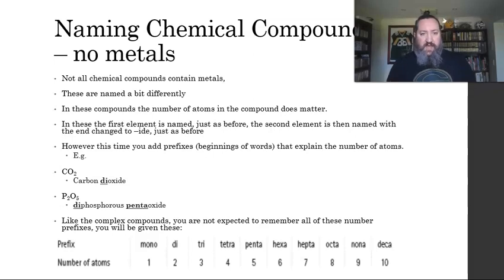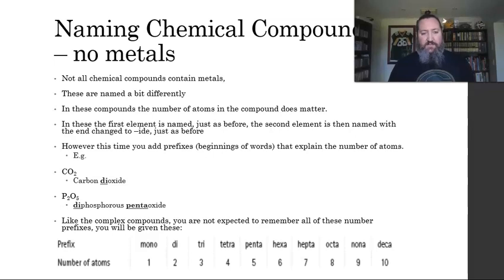One thing to point out here as well, carbon in the first one, carbon dioxide, even though there's only one, we don't need to say mono to start with. So if the first atom only has one, then you can just say whatever it is. If it has more than one, like our diphosphorus there, then you name it.